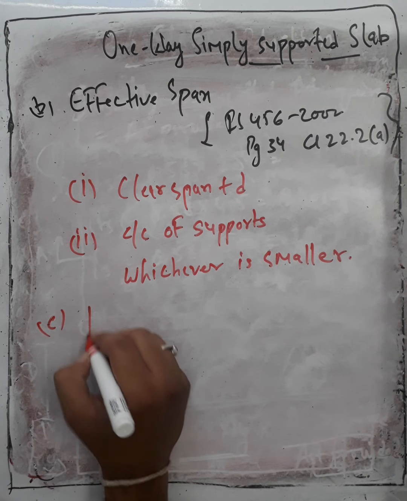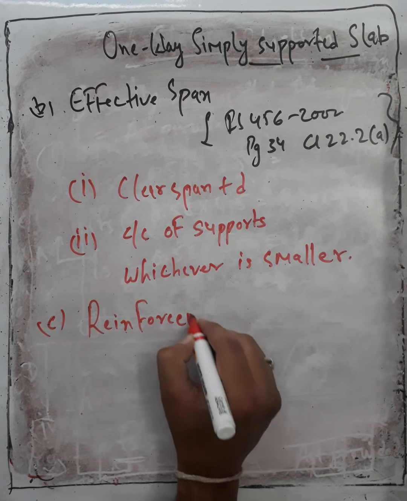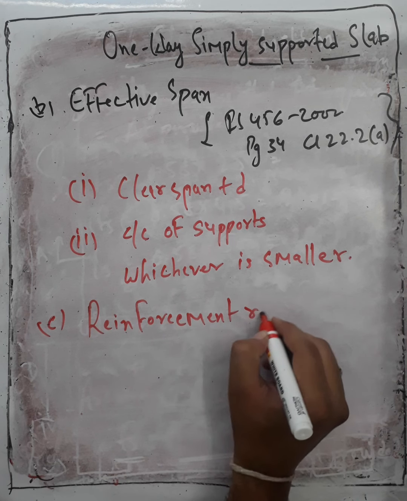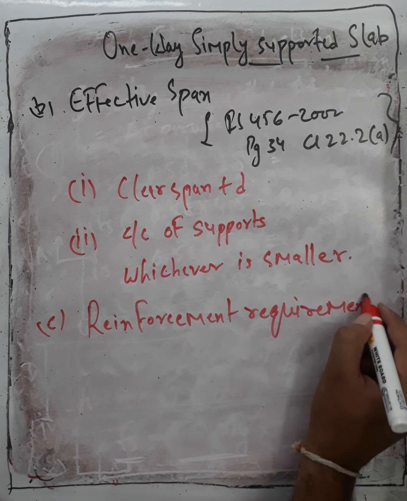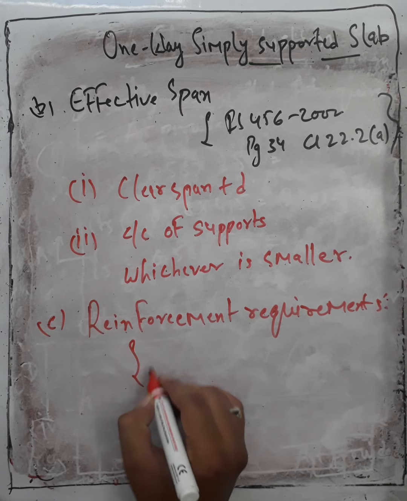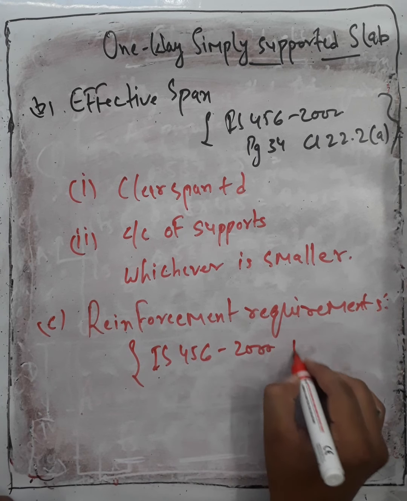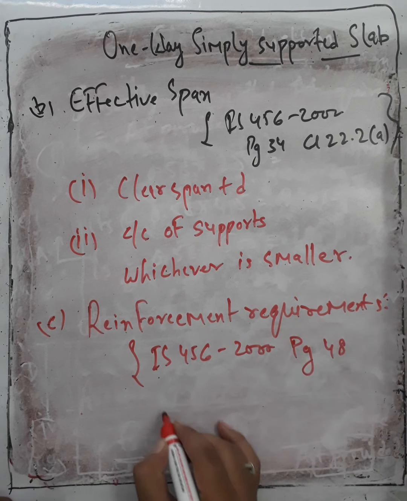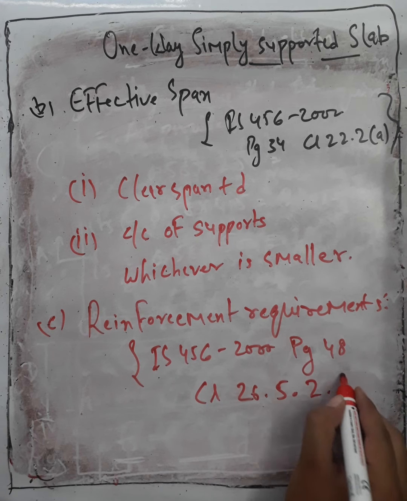Okay. Third one is the reinforcement requirements. This is given in IS 456 2000, page number 48, clause number 26.5.2.1.